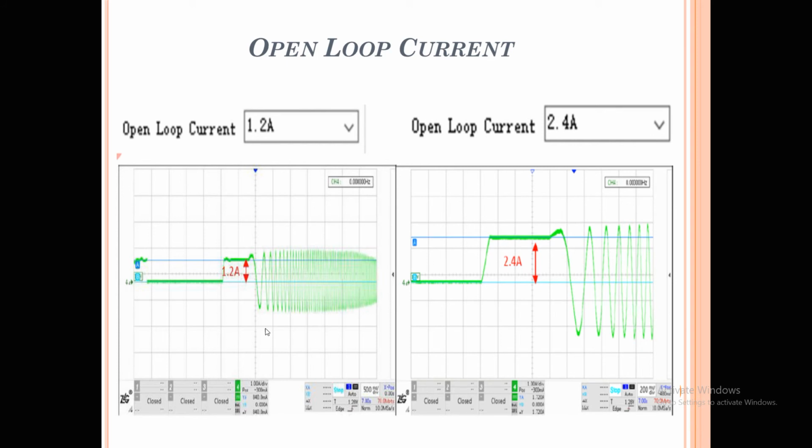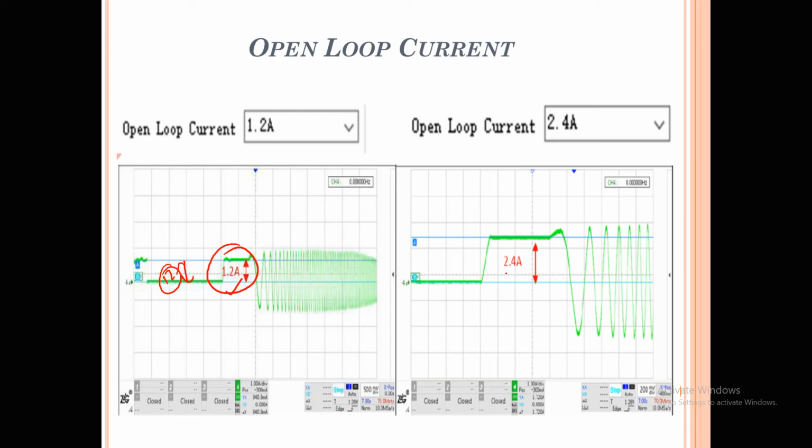I have taken some graphs from manufacturers. If you select 1.2 ampere, the magnitude of this one is 1.2. Not PSD. PSD is another one; the current threshold that we have seen in PSD is totally different. This is in open loop consideration, where the motor is running in open loop acceleration, so you need to select a certain value so it will operate the motor.